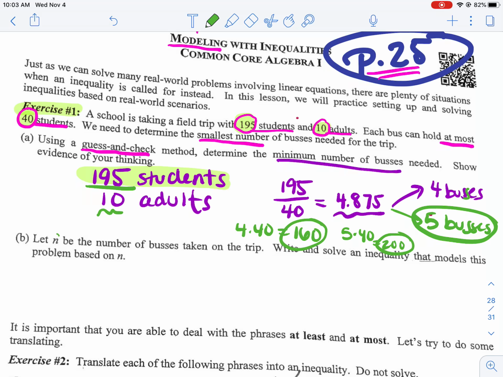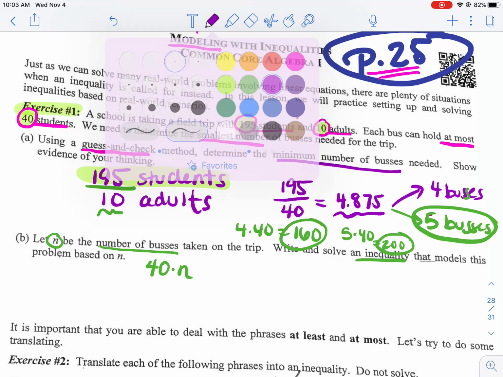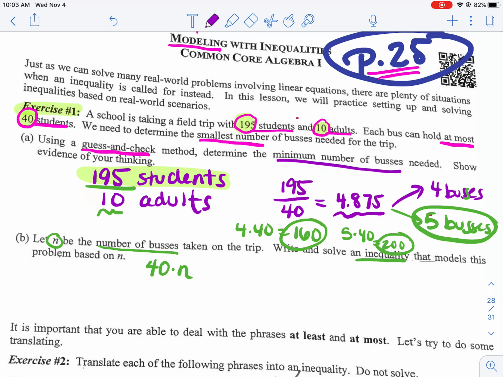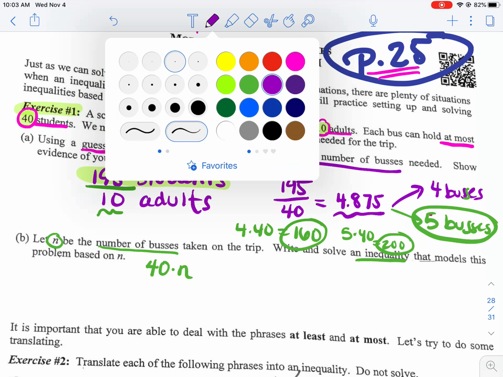So now let's write a variable. N is the number of buses taken on the field trip. So 40 times N. We want to write an inequality. So what does at most mean? Before we do, let's write here.